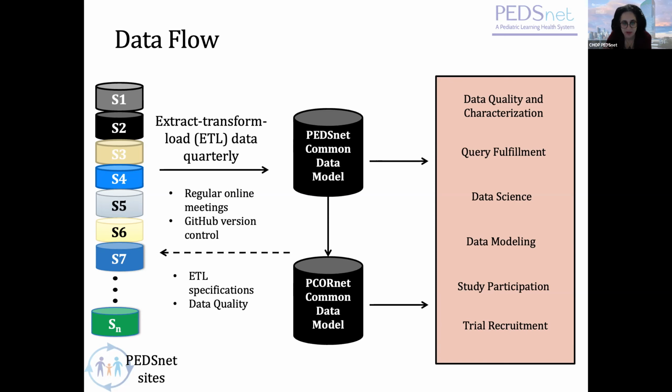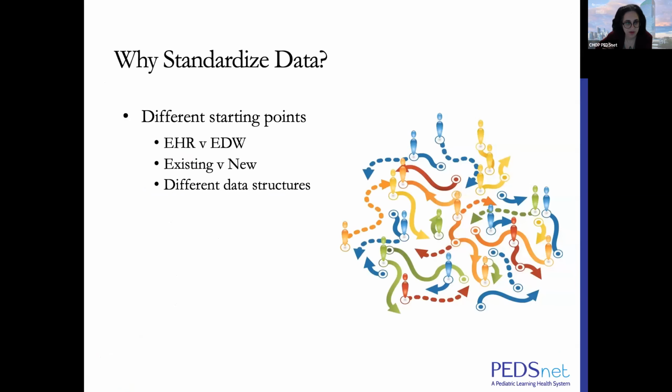From the data model, as I demonstrated in the intro slide, there are several activities that we do: data quality, query fulfillment, data science, and so on. This flow of data from the sites to the end product requires some sort of transformation, an ability to standardize data. So the question is, why do we standardize data?